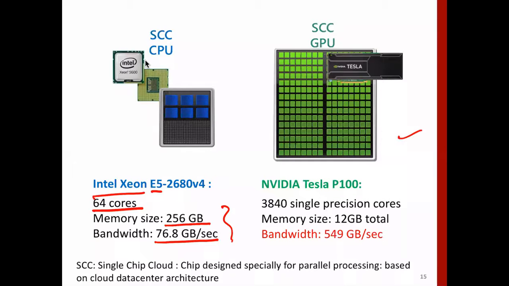Now, this GPU has 3840 processors or single precision cores. Okay, and memory size is 12 GB. So memory here is not as important as it is in case of CPUs.